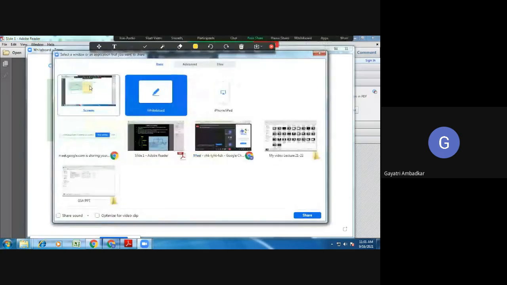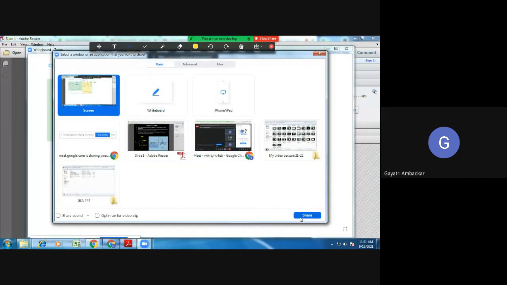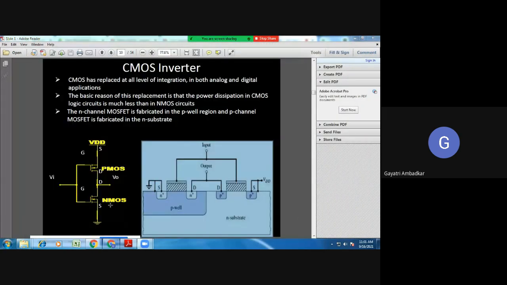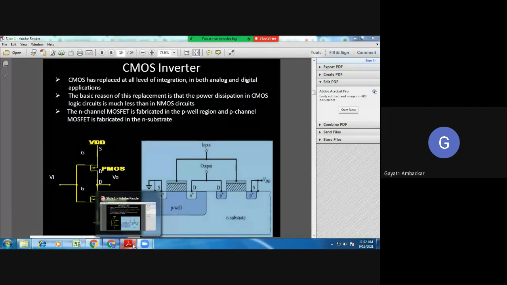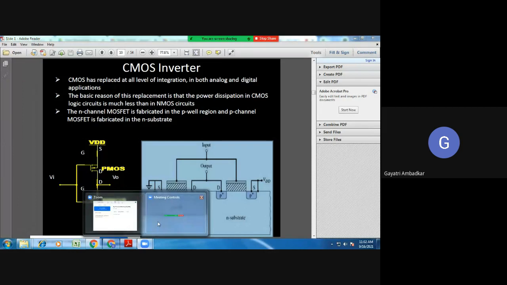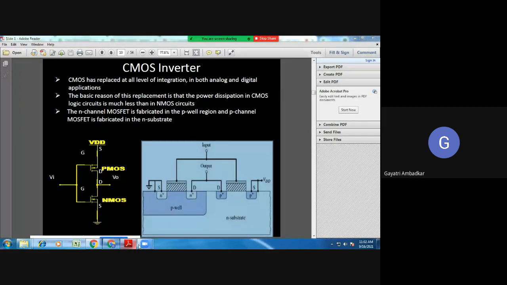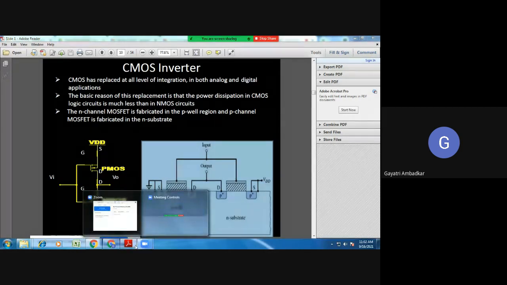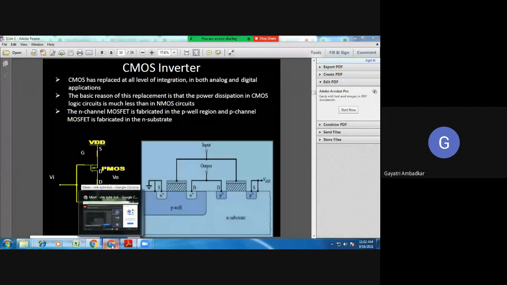Now we will see how it works. Now understand how CMOS works as an inverter. Yesterday we studied MOSFET as a switch.